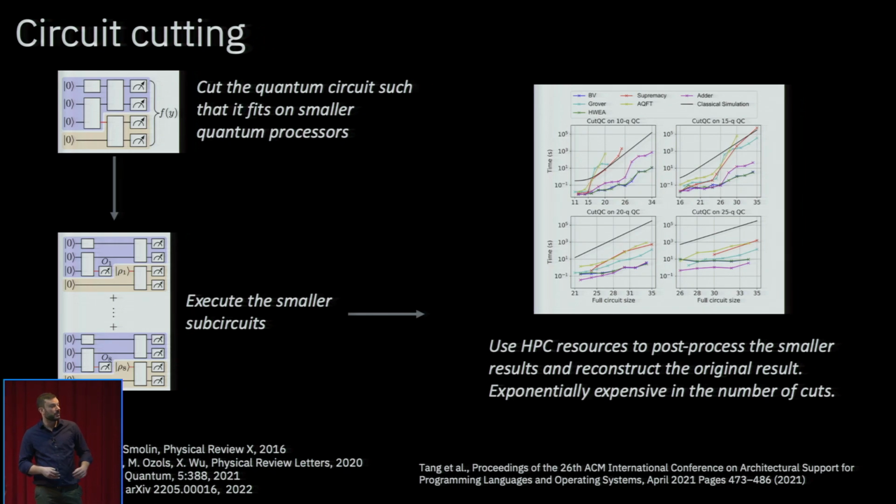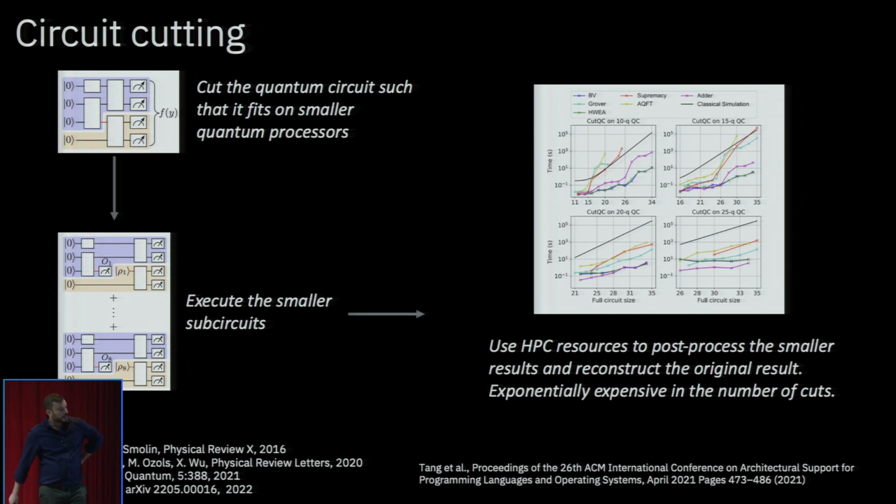So an entry point for high performance quantum computing here will be to optimize where we want to cut this big circuit. For example, since this method scales exponentially in the number of cuts, we would like to minimize that number of cuts and still be able to cut our big initial circuit into the number of subcircuits that we want. Right, so that's a very hard problem, and classical computing can come to the rescue.